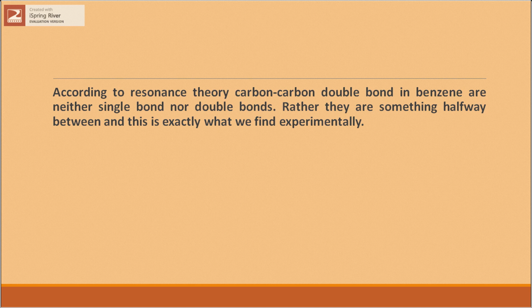And according to this theory, carbon-carbon bonds in benzene are neither single bonds nor double bonds. Rather, they are something halfway between, and this is exactly what we find experimentally.